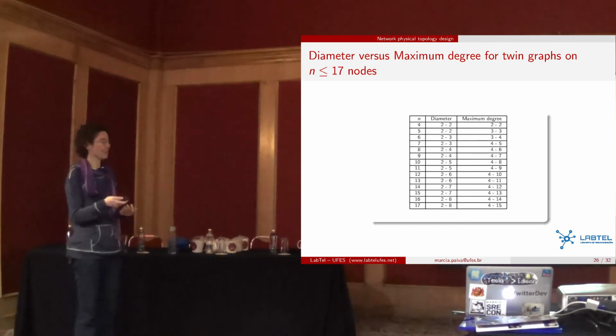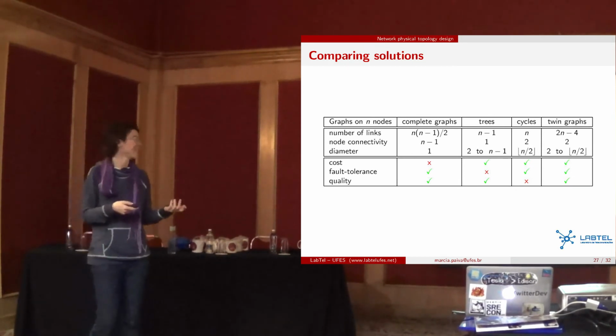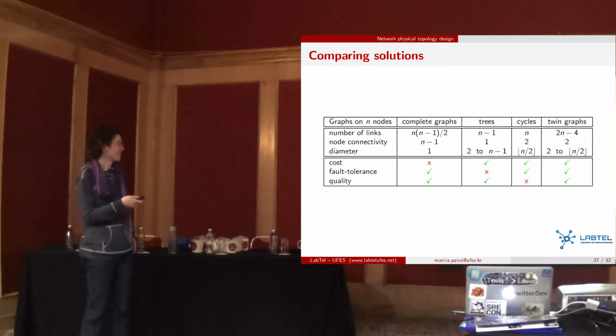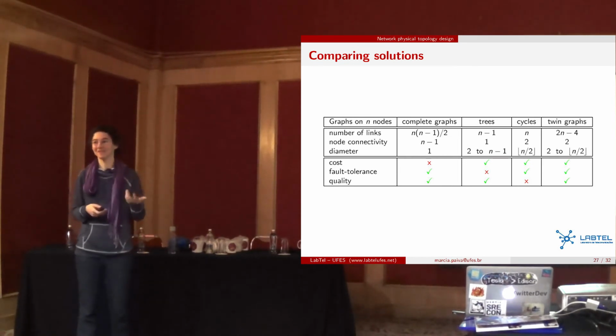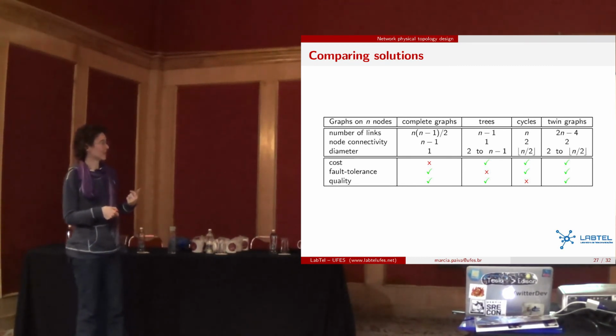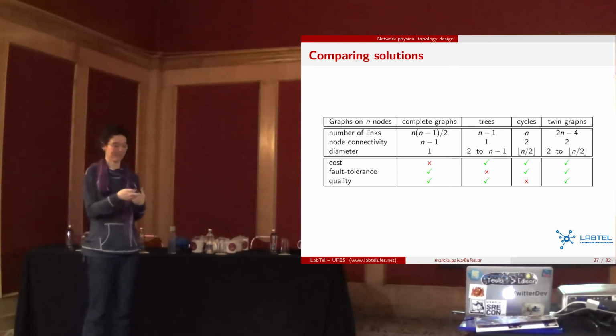That was the node-link impact. Just to compare the solutions, of course, it's a game, it's not a true result. Just to show how to think about graph invariants as modeling or mapping your network requirements, then you can compare different kinds of topologies.